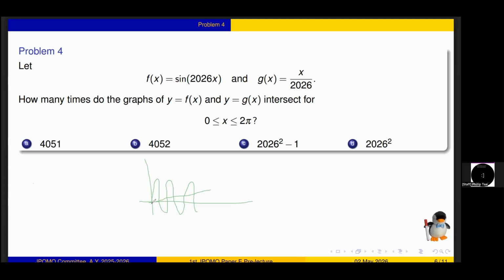Basically, we want to group these in such a way that we can count the number of intersection points more easily.